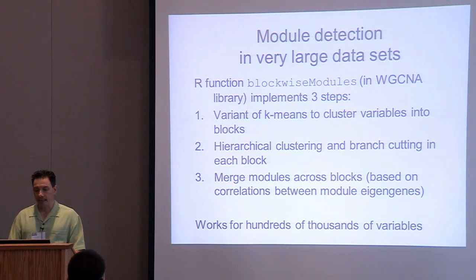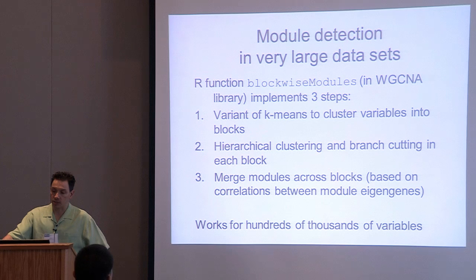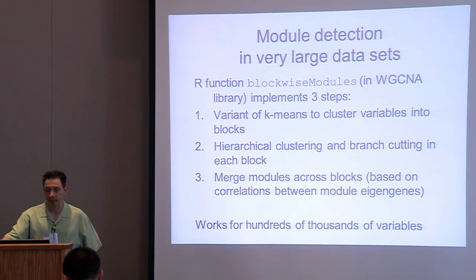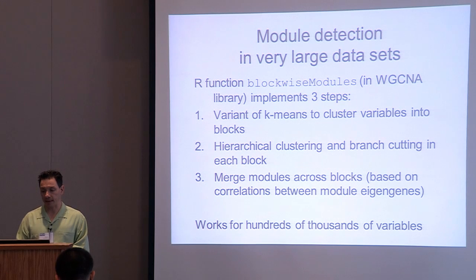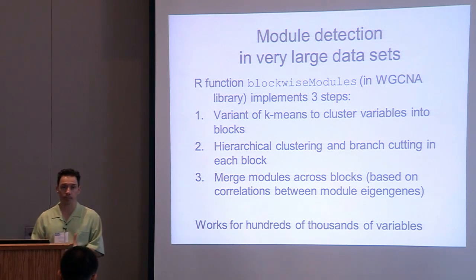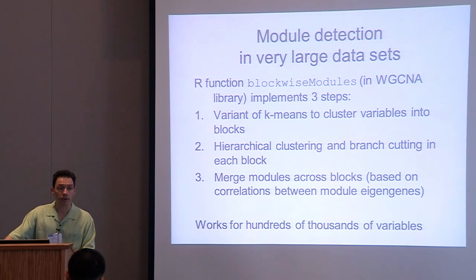All right, let me mention, while we're at it, this great advantage of module eigengenes, because it allows us to define a so-called blockwise module detection approach. Just to give you some background, hierarchical clustering is computationally intensive, and so often you hit a barrier where you can't cluster more than 50,000 genes or so, or 20,000 genes.